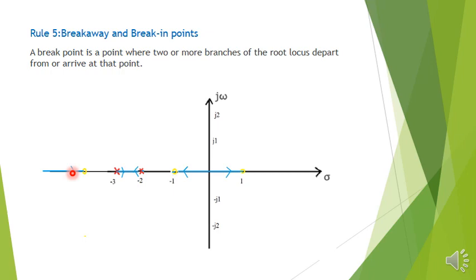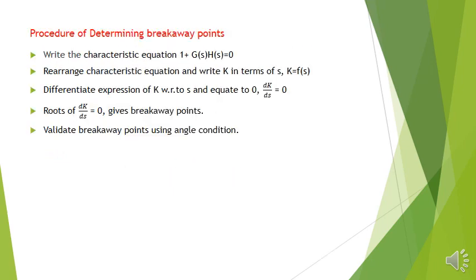So existence of breakaway can be determined from the pole zero plot, the initial plot. We need to carefully locate the open loop poles and open loop zeros, and identify whether each real part of the S-plane is a part of the root locus or not. After this we can guess whether there is a breakaway point or not.